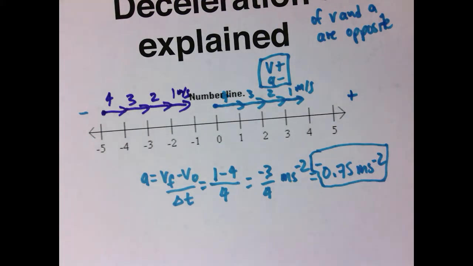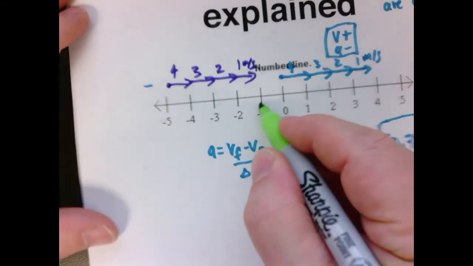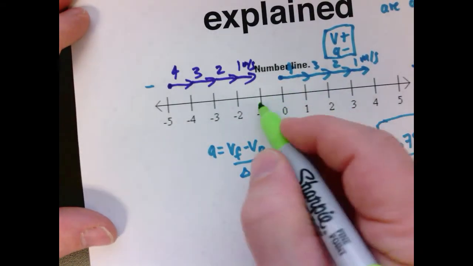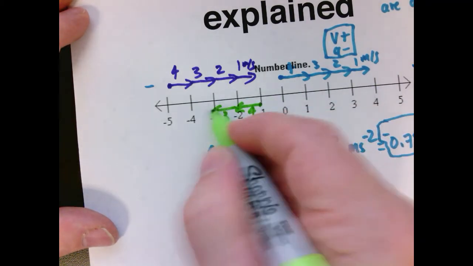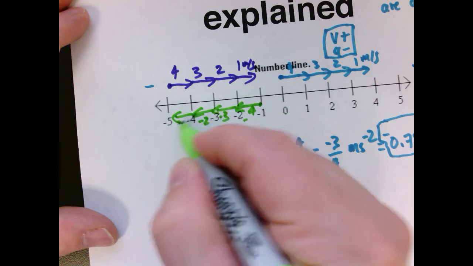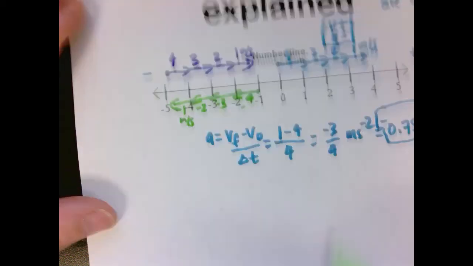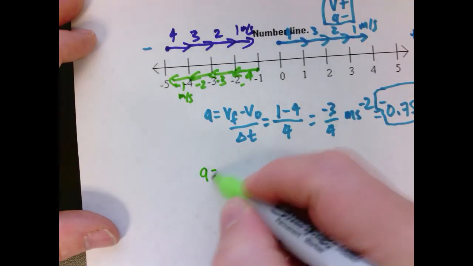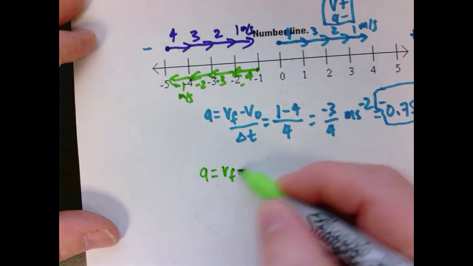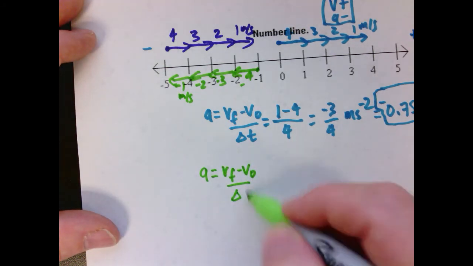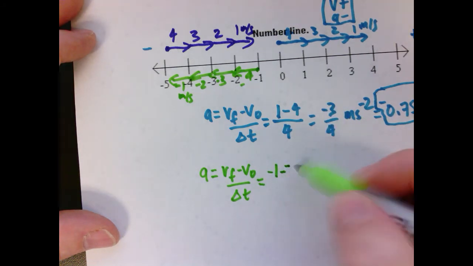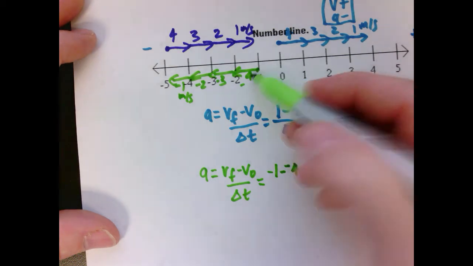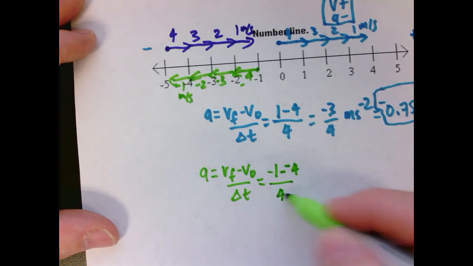Now let us consider this a little bit differently yet again. Let us start down here, and we will have a velocity of negative 4, negative 3, negative 2, and negative 1 meters per second. So let's calculate the acceleration there. The acceleration is Vf minus V0 over delta t. Final velocity is minus 1 minus a negative 4, which was the initial, all over 4 seconds.